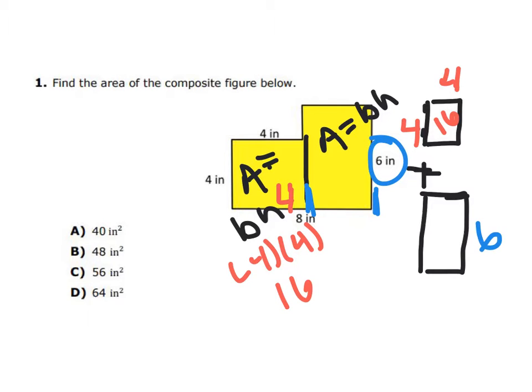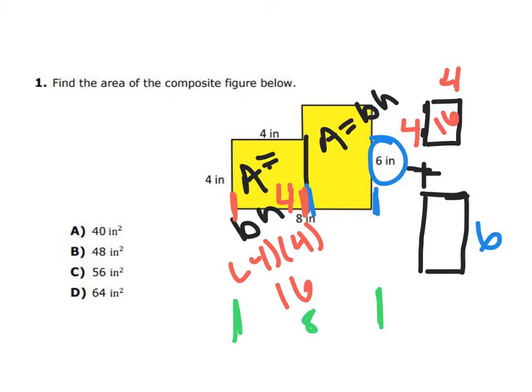Well, that's important because if I know the whole length of the shape is 8, and I know from here to here is 4, and again, the whole length of the shape, and I'll draw down here, from here to here is 8, how much is left over for the rectangle?